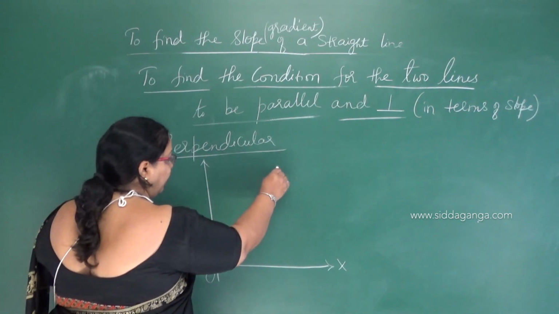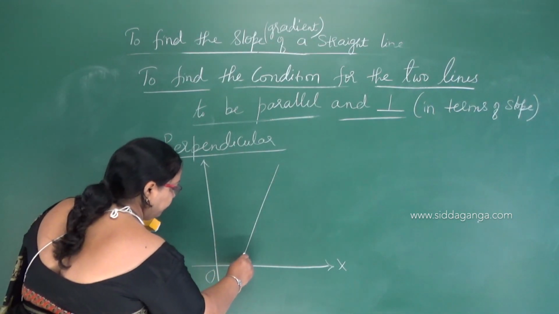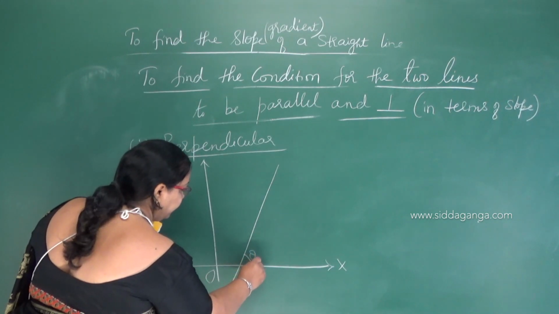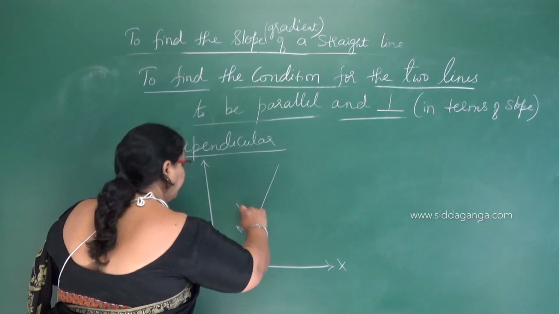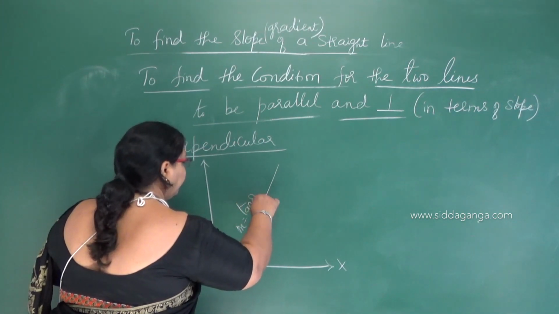So let the line AB make an angle theta 1 with positive x-axis, then m equal to tan theta 1.